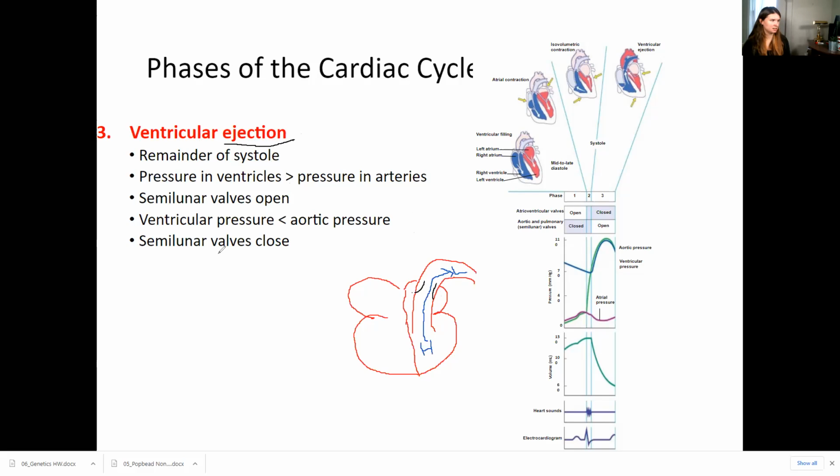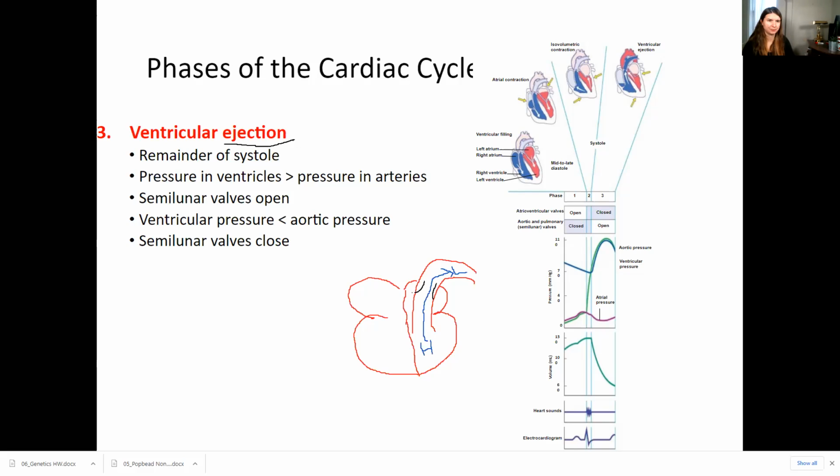At the end of this phase, we're going to see that the semilunar valves close. That's going to happen when we equalize this pressure, right? As volume escapes, as blood leaves the heart, as it's being ejected, that lowers and lowers and lowers the pressure in the ventricle until eventually the valve closes.